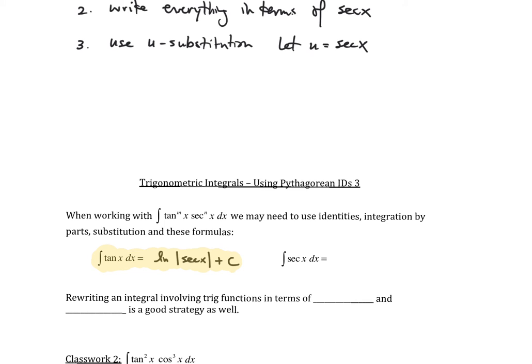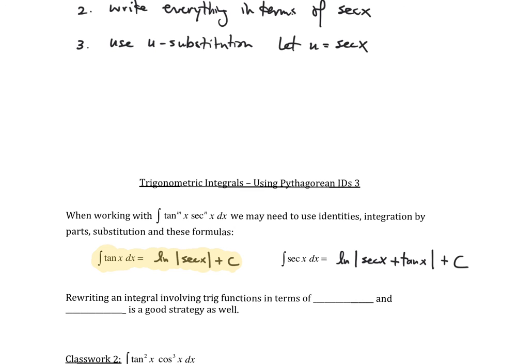The other antiderivative that we need to use a lot in this class is the antiderivative of secant of x. And that antiderivative is equal to natural log of the absolute value of secant x plus tangent x plus c. So this is another big one as well.